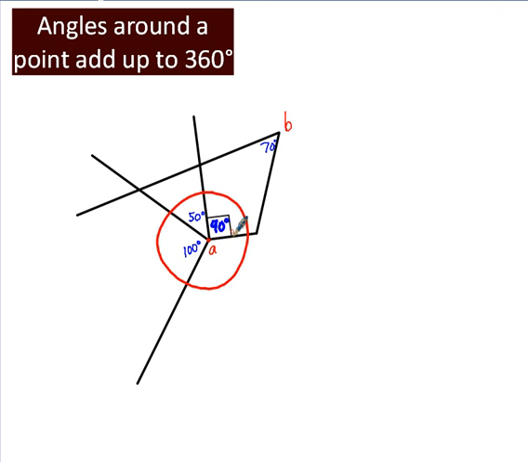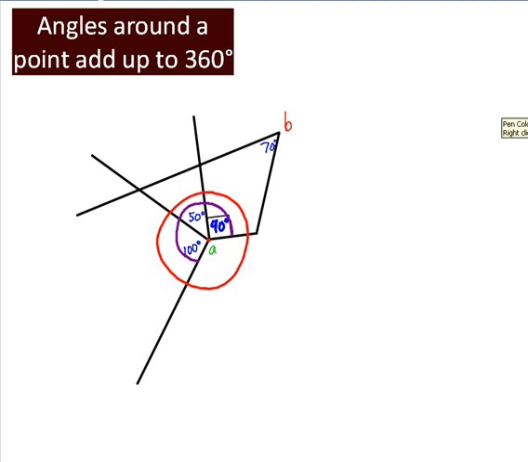Okay, if I find out what this angle here is, the purple one, then that's going to help me work out what angle A is. Angle A is what's left after I've added up these three blue angles to make the purple one, and then taken it away from 360.